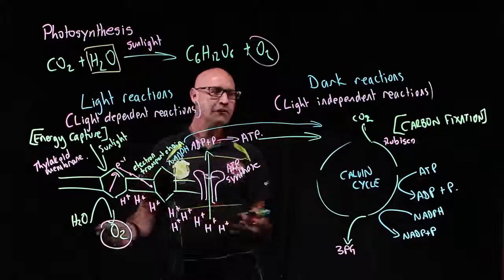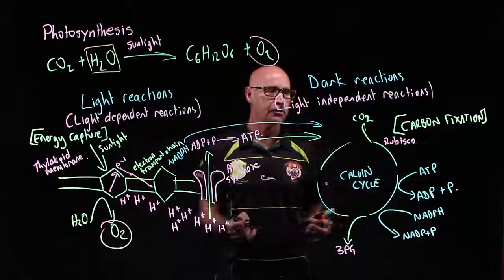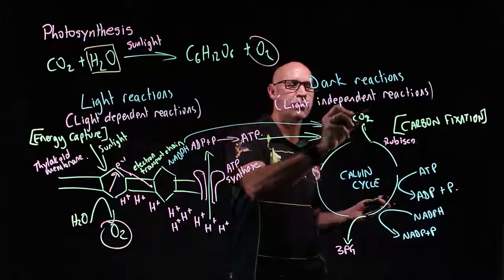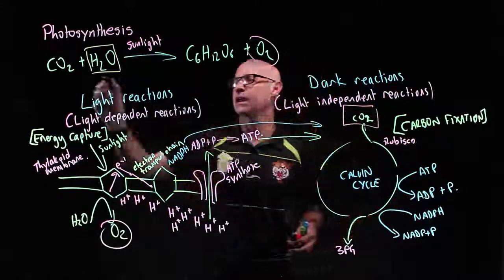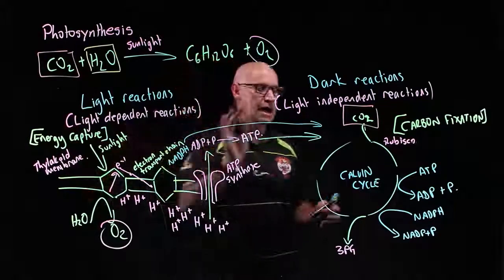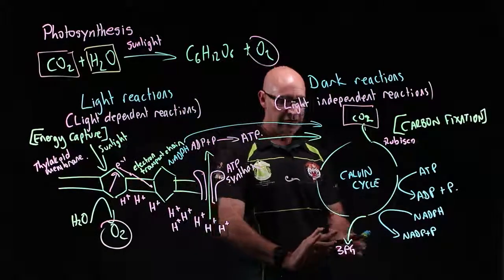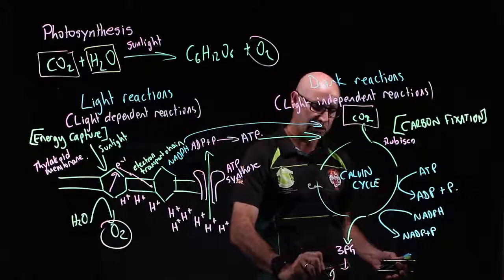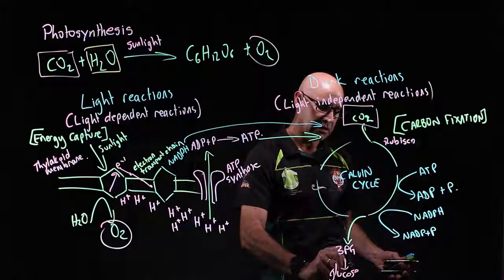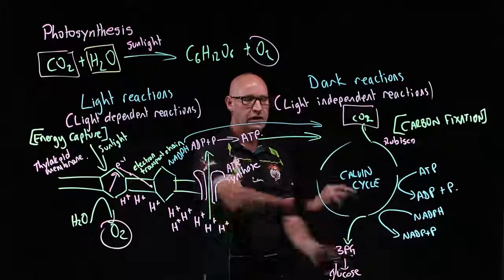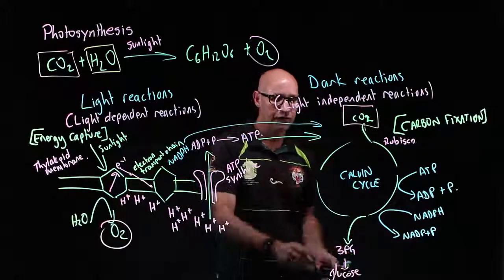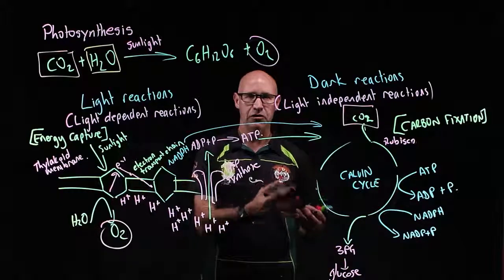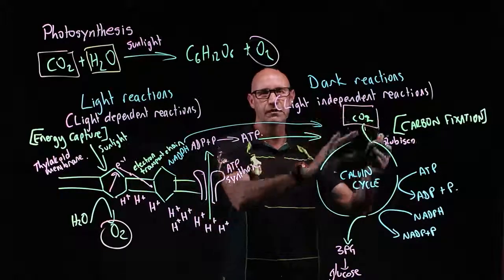Then of course our other reactant was carbon dioxide, and that's required for our light independent reactions. And our final product is going to be glucose, but that is going to take a little bit more work, another couple of turns of the Calvin cycle to actually produce our glucose molecule, but it occurs from fixing our carbon.